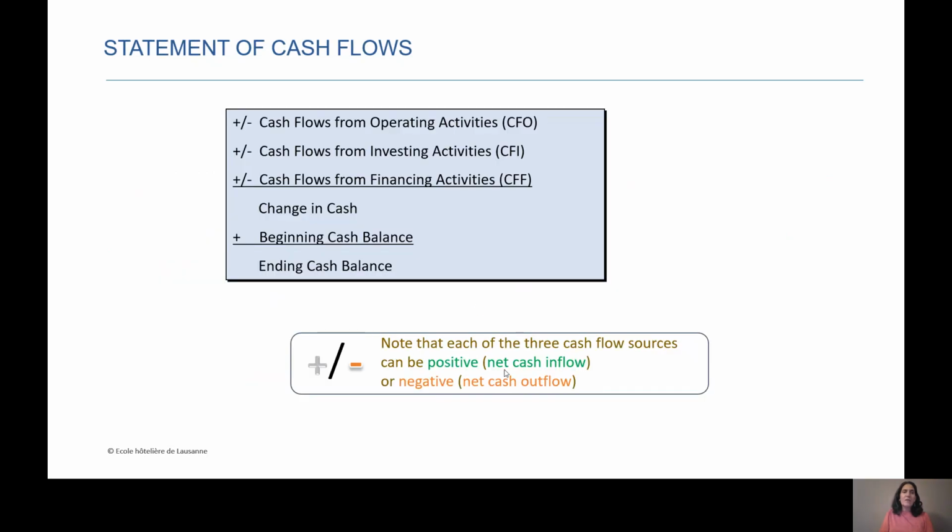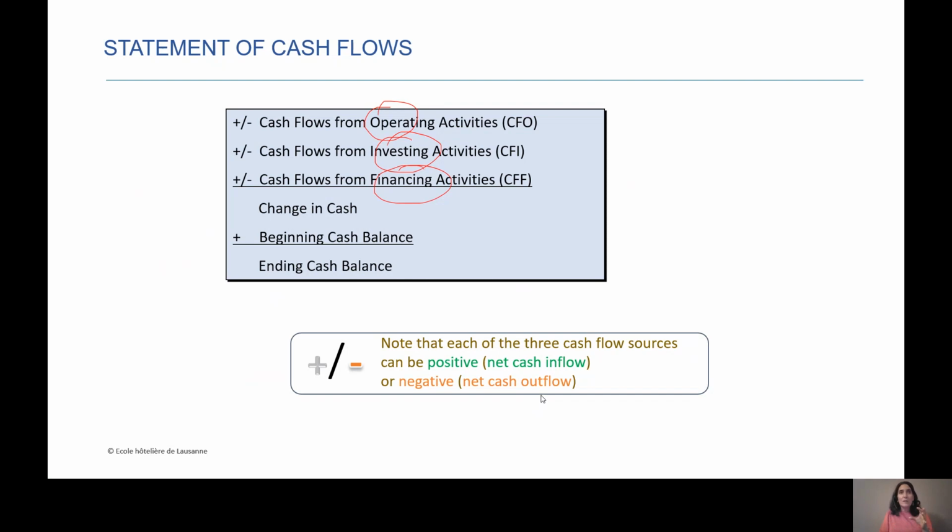So if I put together these three categories, here you have the operating activities section, the investing activities section, and the financing activities section. What do we do really in the cash flow statement? You explain how the cash at the beginning of the year has become the cash at the end of the year.